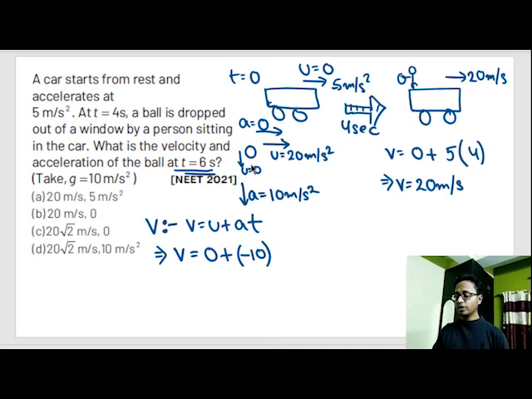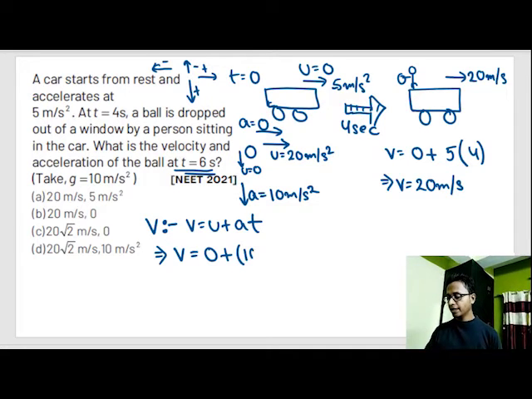Why? Because I took this component. You can take plus 10 also, it doesn't make a difference. Just take plus 10, meaning down I took positive, up I took negative, right I took positive, and left I took negative. But make sure you make that consistent throughout the problem. So instead of negative I am taking as positive.